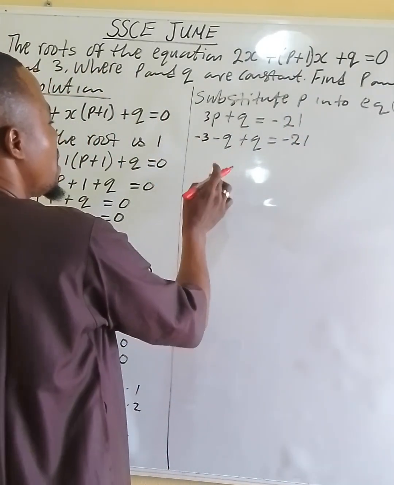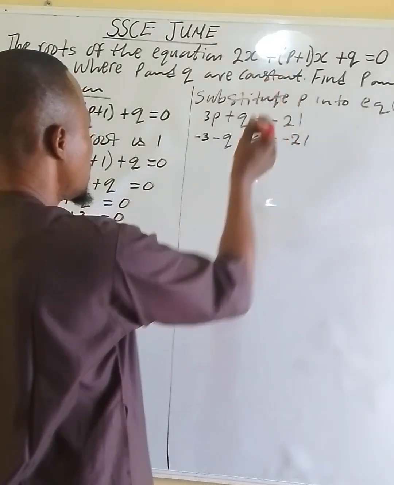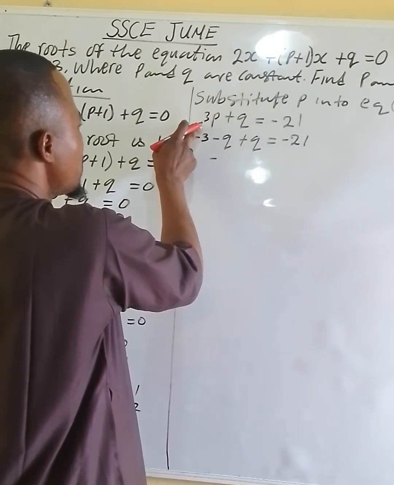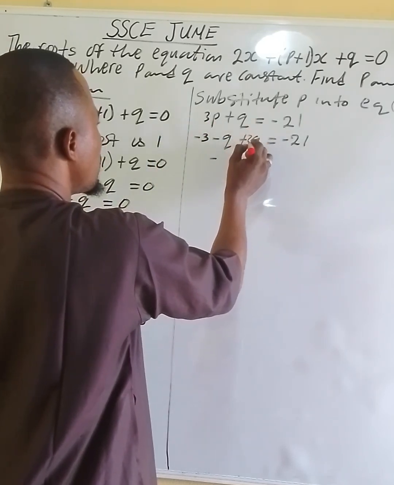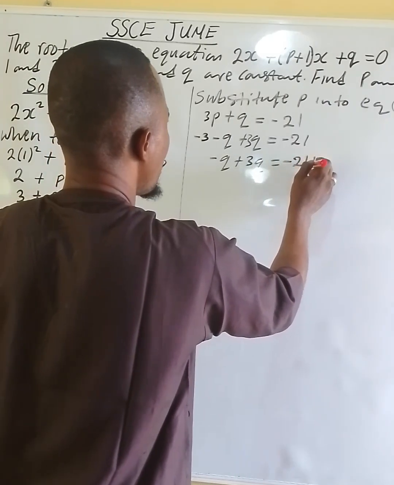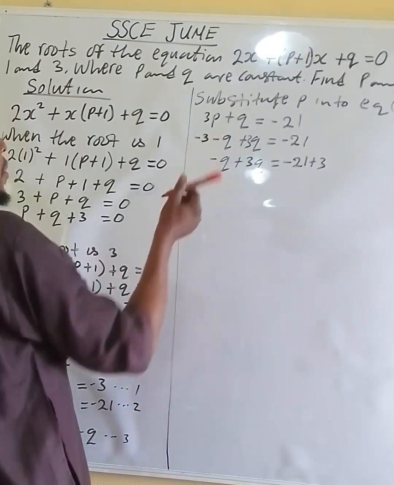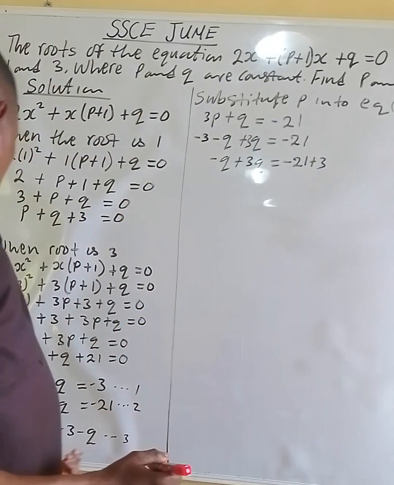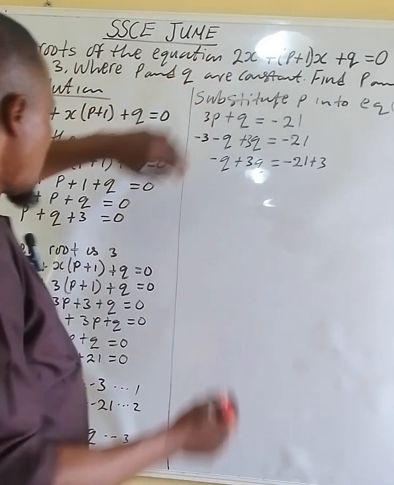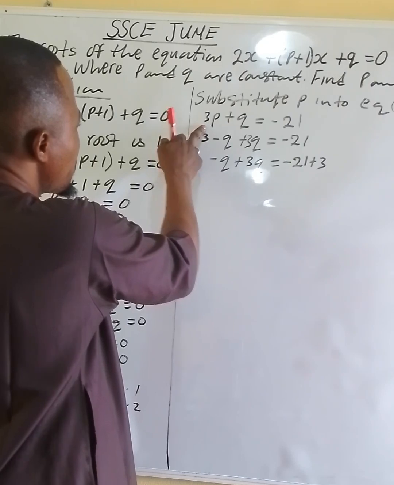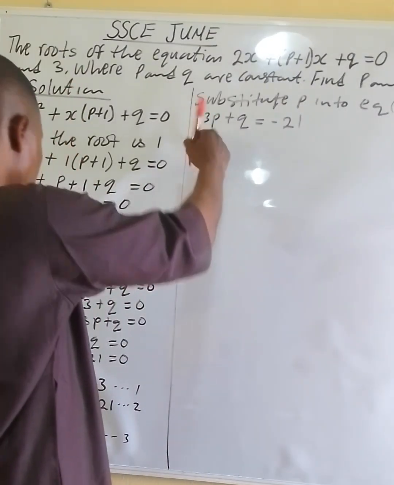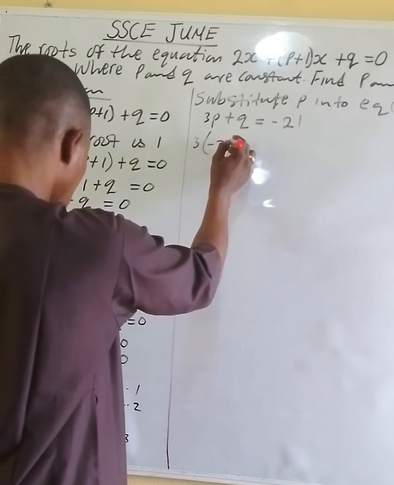Let me explain that place again. For equation 2, we have 3p, and we substitute p when p equals minus 3 minus q. So this 3p is now going to be 3 into (minus 3 minus q).